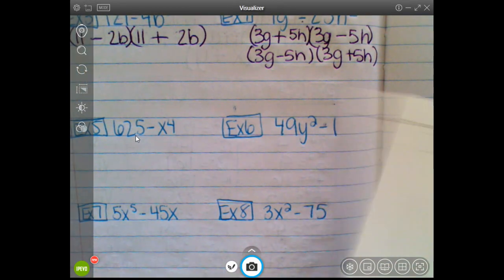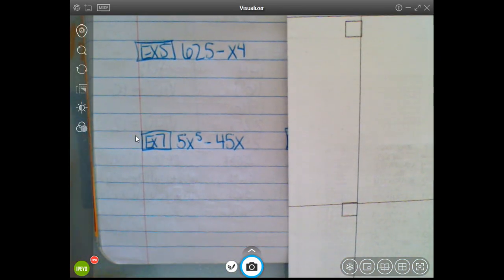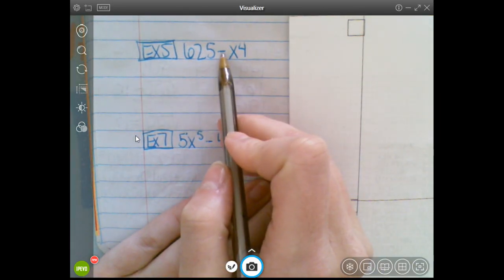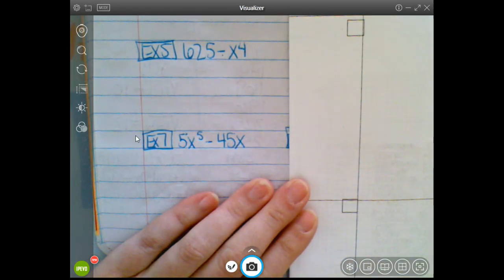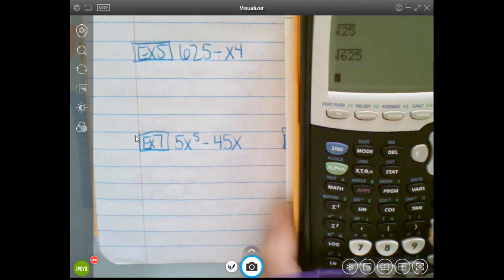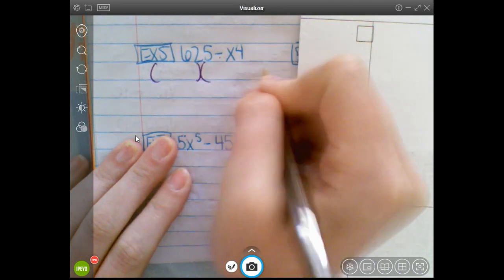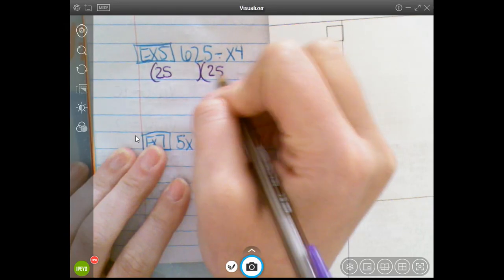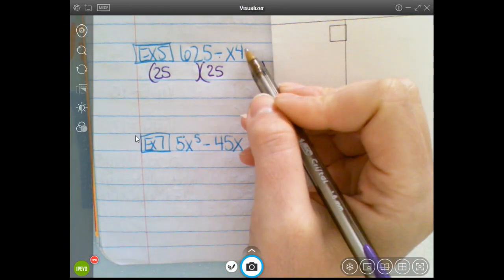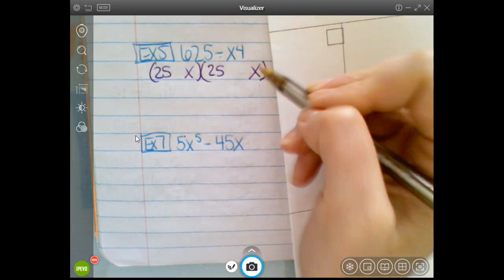All right. We're going to do actually only 2 more. We're going to do example 5 and 7. So here's subtraction. Great. 4 is even, so I'm good there. But now I have 625, and that is not on my list, so I have to check it, and I get 25. So sometimes you're going to see a big number, and that's okay. So a 25 and a 25. Now, if I have x to the 4th, if I just put x here, that would be x to the 1 and x to the 1, which would give me x squared.